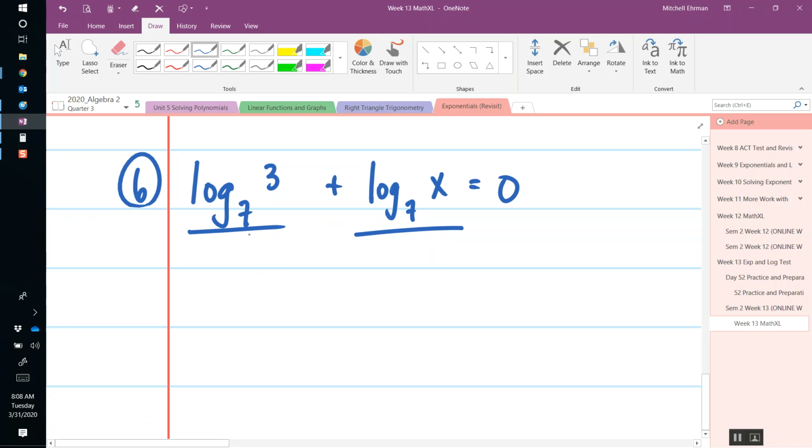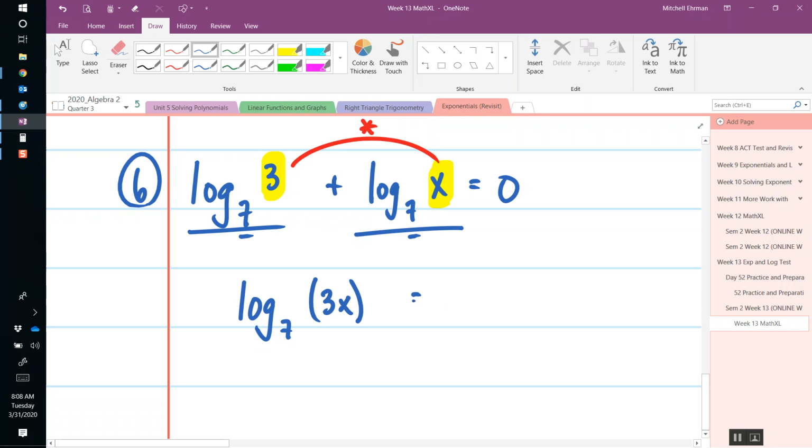The idea is this: when you're adding two logarithms with the same base, we can combine these arguments, these values inside the logarithm, but we combine them with multiplication. So these two get combined together with multiplication. So if I were to combine these two logs, they would actually end up looking like this. Log base 7, we keep the base of the logarithm, evaluated at 3 times x is equal to 0.